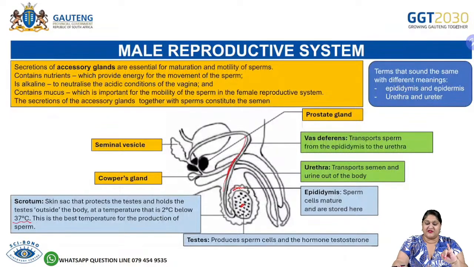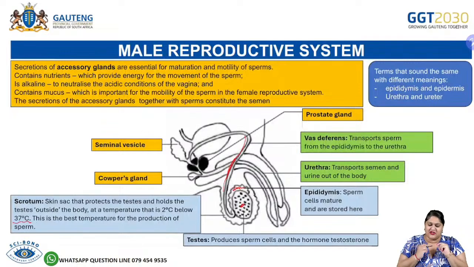The nutrients provide energy for the movement of the sperm. The alkaline neutralizes the acidic conditions of the vagina. And the mucus is important for the mobility of sperm in the female reproductive system. The secretions of the accessory glands together with the sperm constitute the semen.